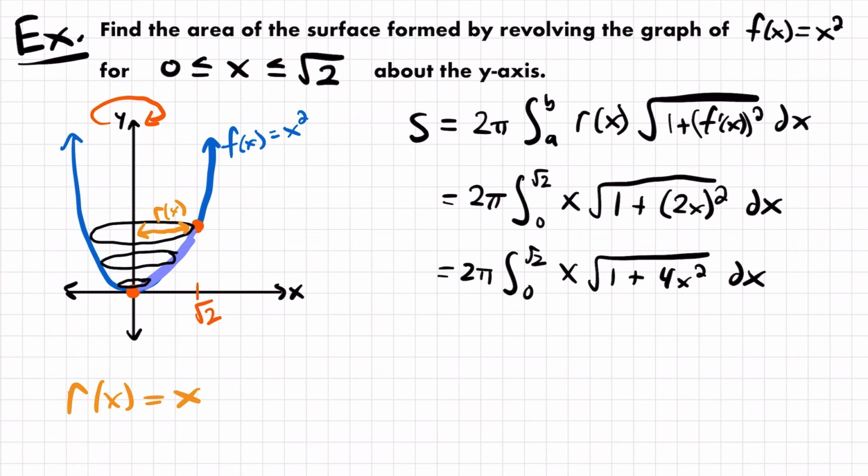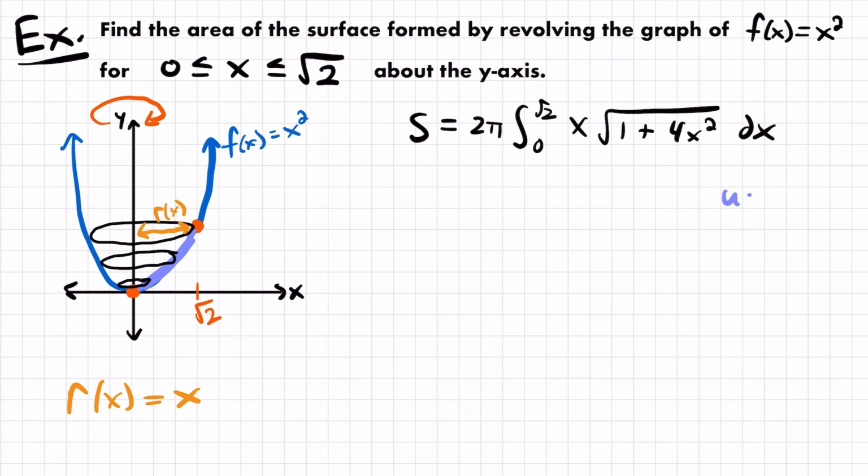And so if I clean up my work a little bit, let's set u equal to 1 plus 4x squared. And then let's take the derivative of that with respect to x. So we'll have du dx is equal to the derivative of 1, which is just 0, since the derivative of all constants is 0. And then the derivative of 4x squared, we'll multiply the exponent down and then subtract 1 from that exponent.